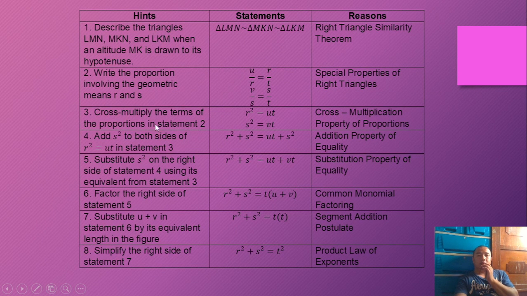Next, let us cross multiply the terms of the proportion in statement 2. If you cross multiply, r squared equals ut, and s squared equals vt. Reason: cross multiplication property of proportions.